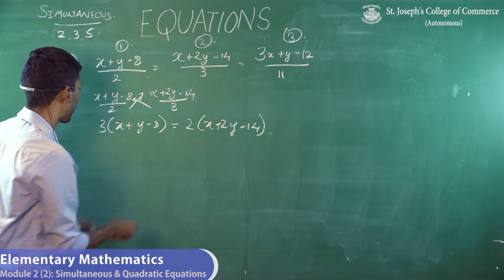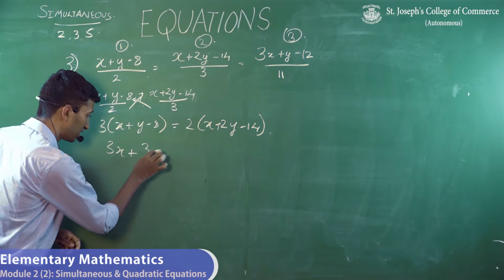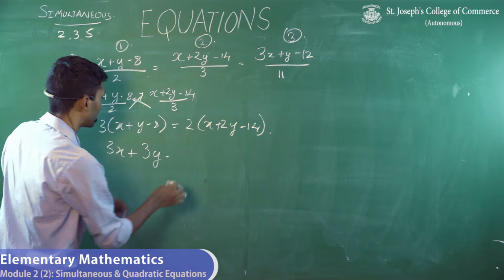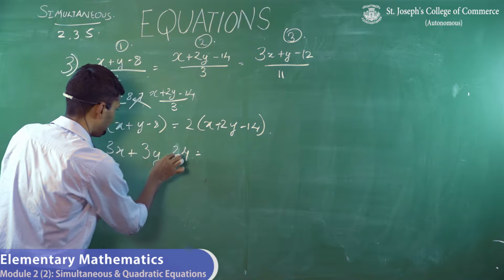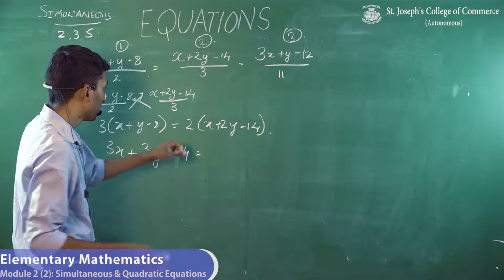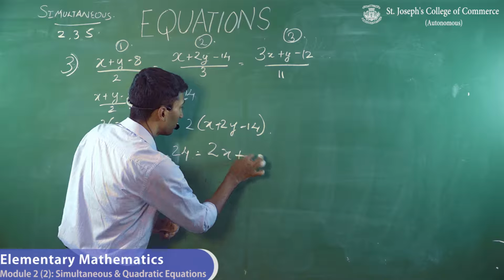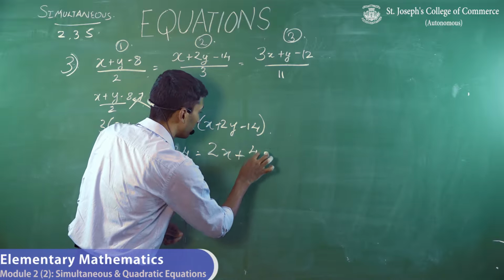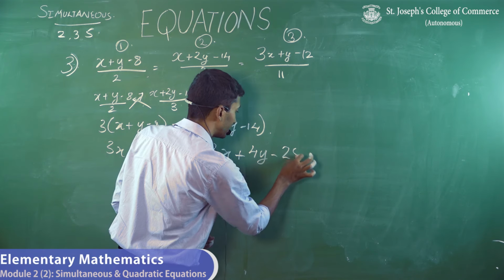So 3 into x will give me 3x plus 3 into y will give me 3y, and 3 into 8 will give me 24. Minus 24 because it is minus 8. The next part is 2 into x will give me 2x plus 2 into 2y will give me 4y minus 2 into 14 will give me 28.